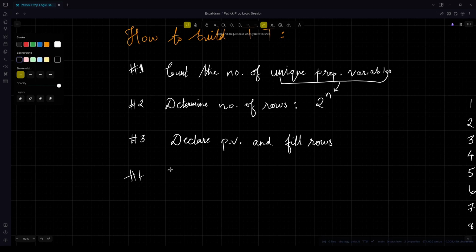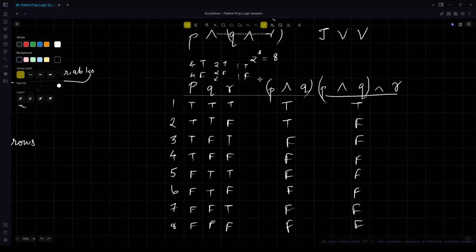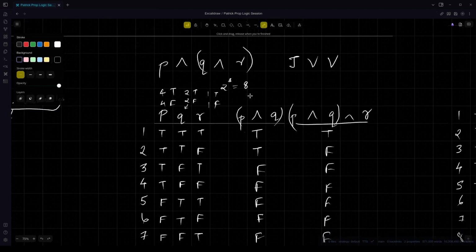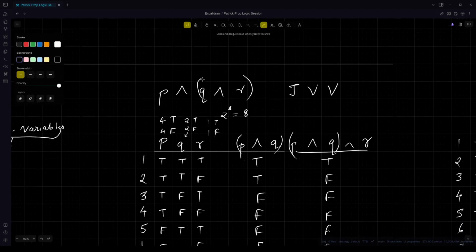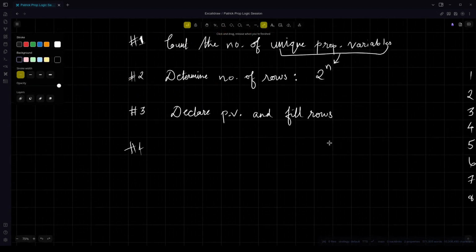So now what you do is you start determining the columns for the smallest compound proposition all the way to the biggest proposition. So for example, over here, this was the smallest that we could get. If this is the proposition that we are looking at, at least one conjunction is the minimum needed. You need at least one conjunction, and then you can add another proposition to it to make the entire thing, right? So you work inside out.